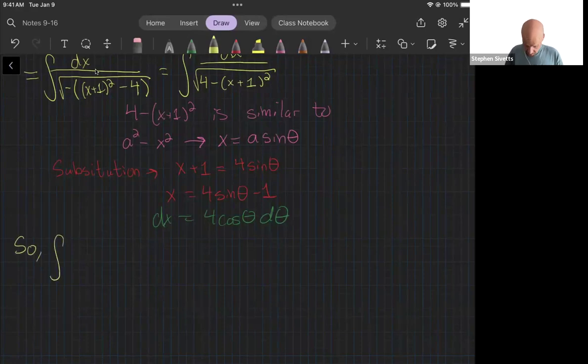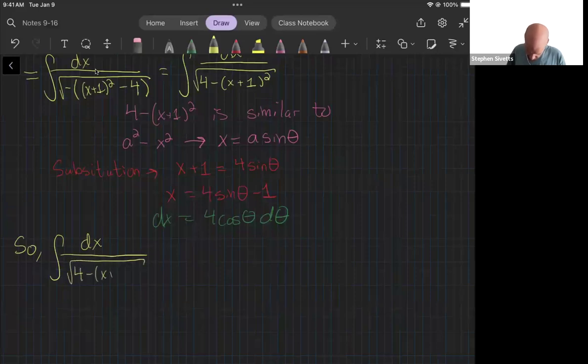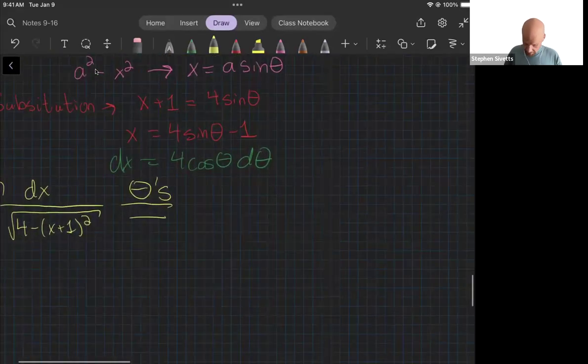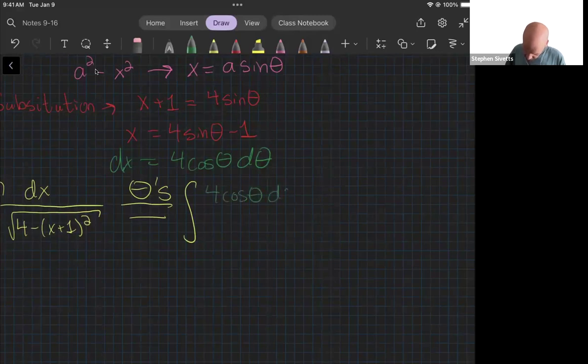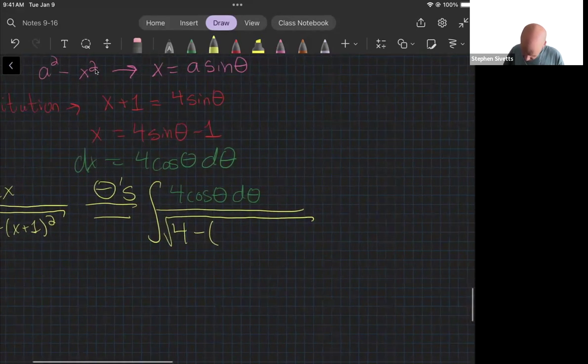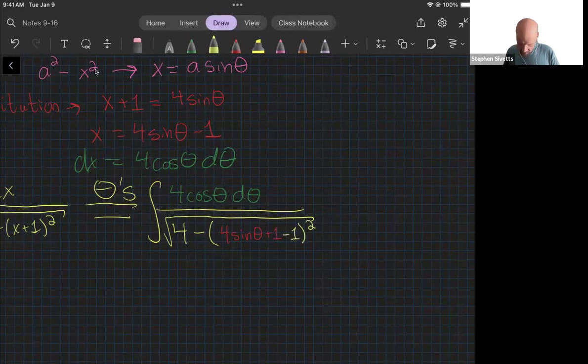So what do we have now? We know that dx divided by the square root of 4 minus (x plus 1) squared in x's equals this integral in thetas. So this integral is equivalent to the following: the integral of 4 times cosine theta d theta divided by the square root of 4 minus (4 sine theta plus 1 minus 1) squared.